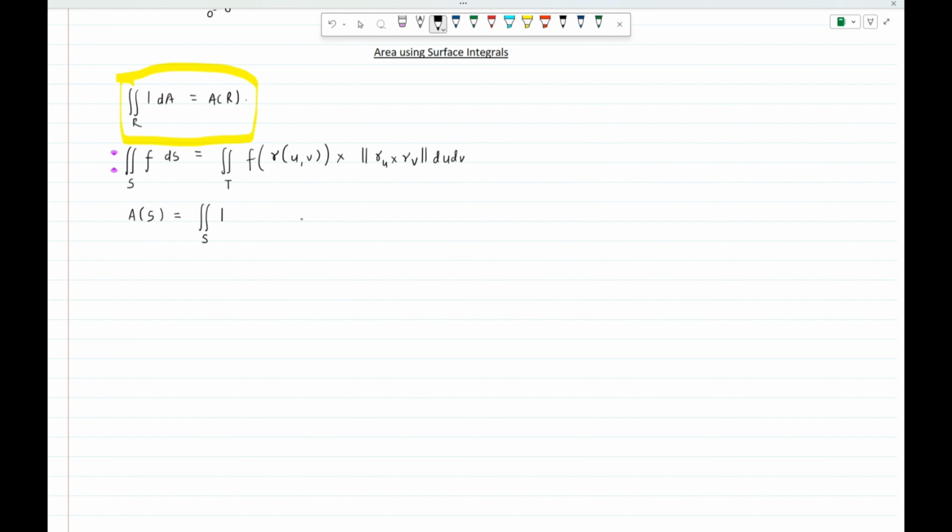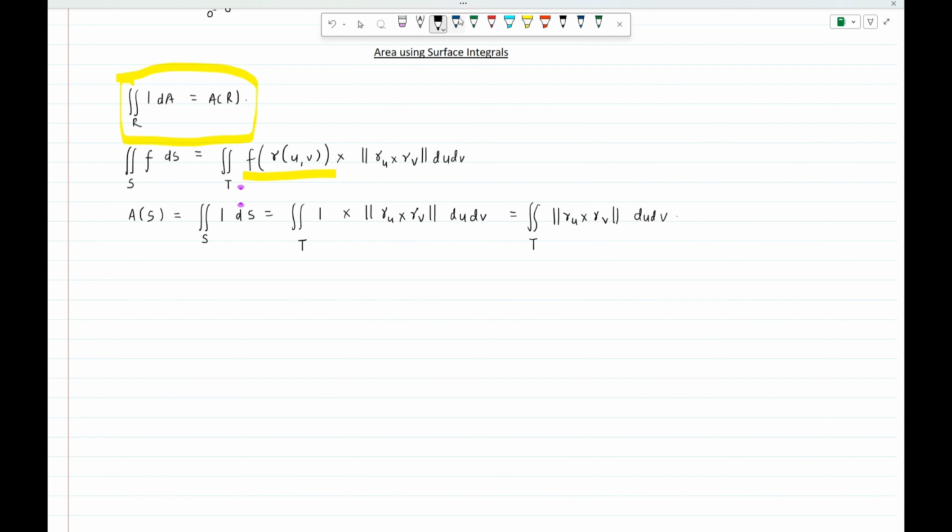Instead of f we are going to write 1 dS, and this changes to a double integral over T. Since the scalar field is 1, the image of f applied on gamma u v, being a constant, is also going to be 1, multiplied by the norm of the fundamental vector product. The order of integration could be du dv or dv du, and this simplifies to the double integral over T of the norm of gamma u cross gamma v, du dv.